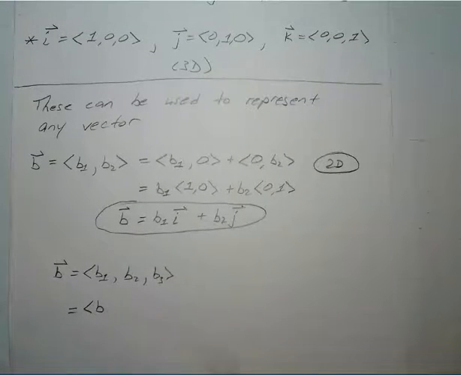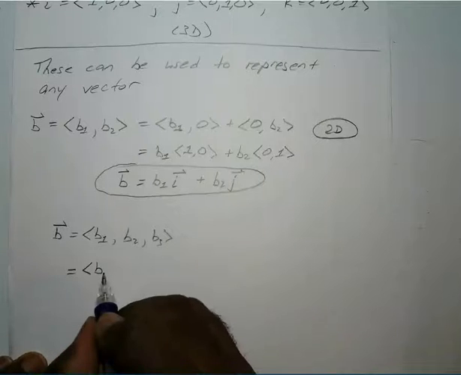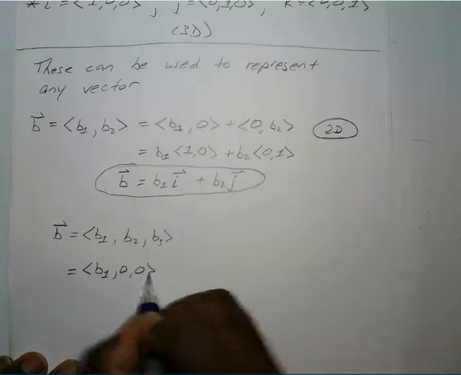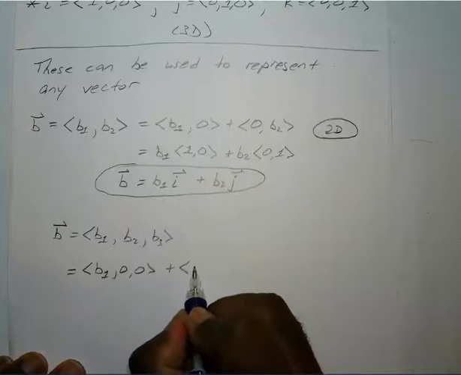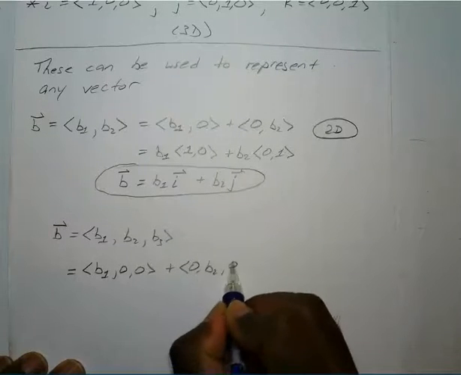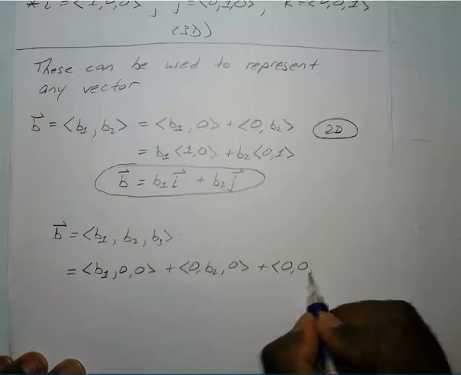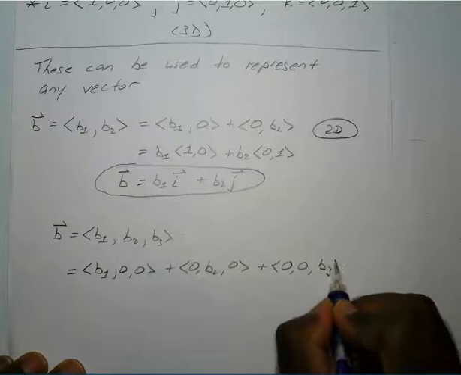So we have (component 1, 0, 0) plus (0, component 2, 0) plus (0, 0, component 3).